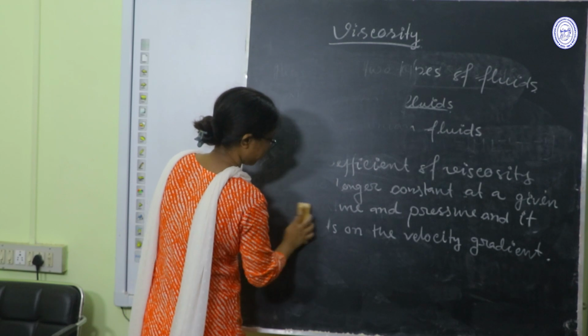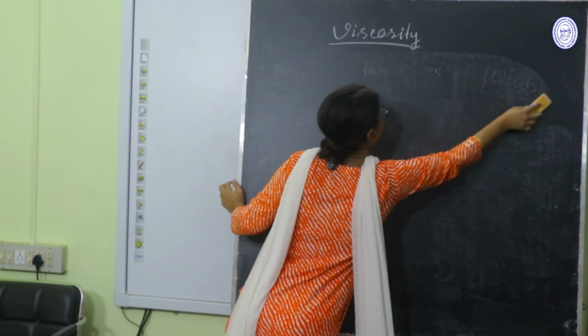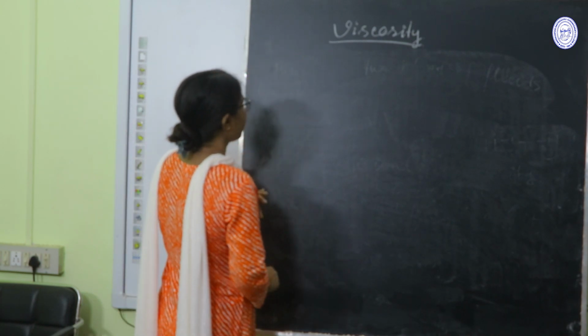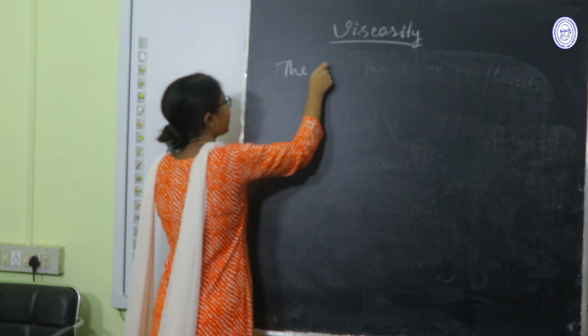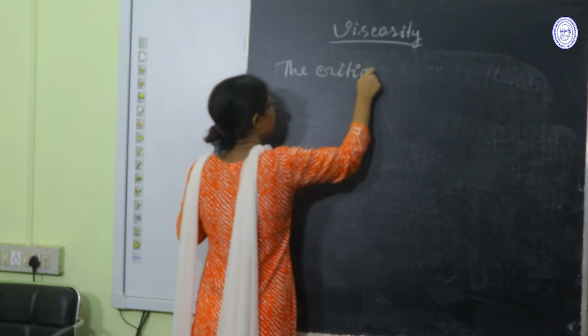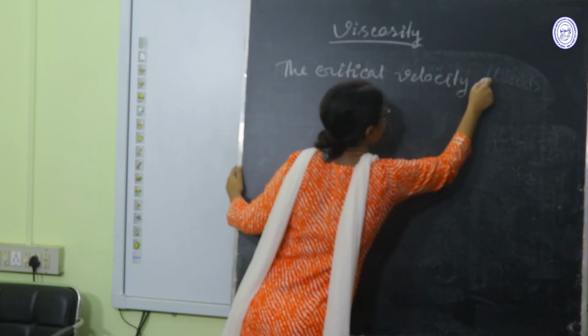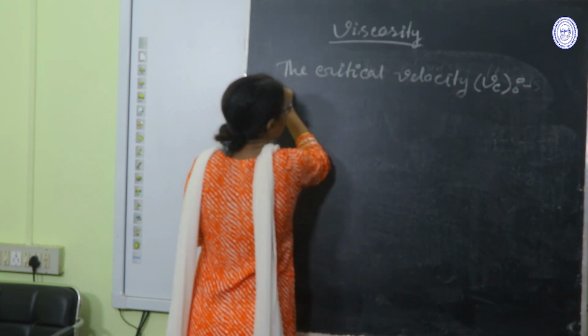Now, I will discuss the critical velocity. The critical velocity is symbolized as Vc, where V is the velocity and C stands for critical.